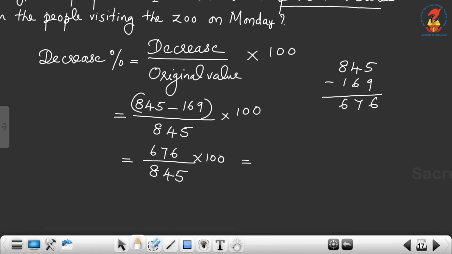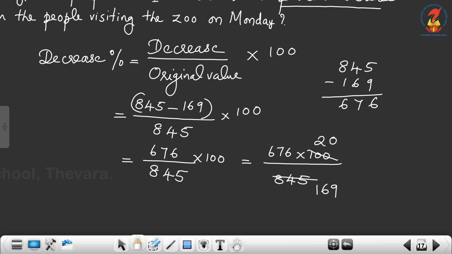So which is equal to 676 into 100 divided by 845. Now we can cancel with the 5 one time, 169, and here you will get 20.